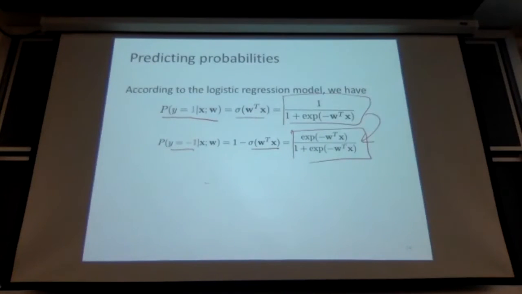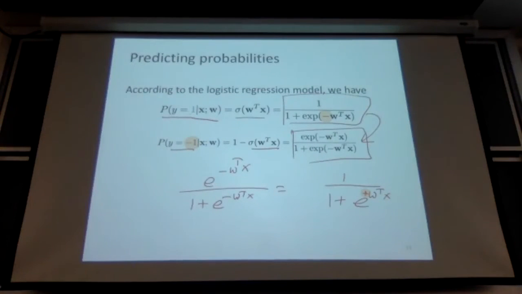Now, e power minus w transpose x divided by 1 plus e power minus w transpose x is the same as, I can multiply throughout by e power w transpose x, so you get 1 divided by 1 plus e power w transpose x. So, probability of y equals 1 is 1 over 1 plus e power minus w transpose x. Probability of y equals minus 1 is 1 over 1 plus e power plus w transpose x.